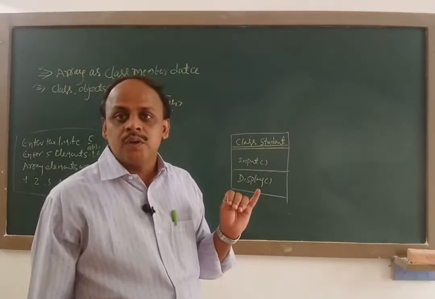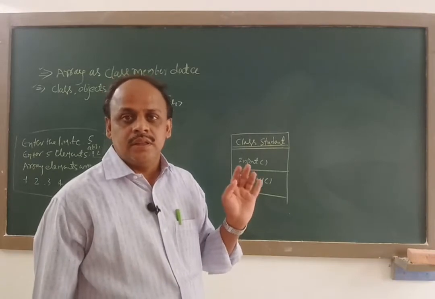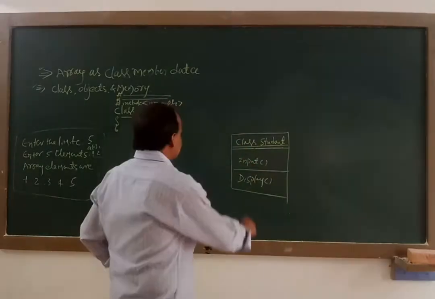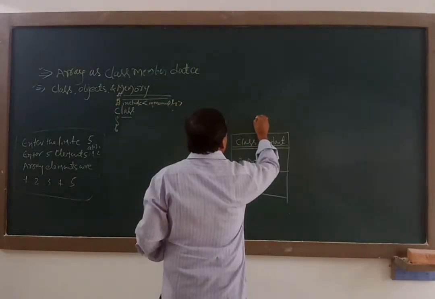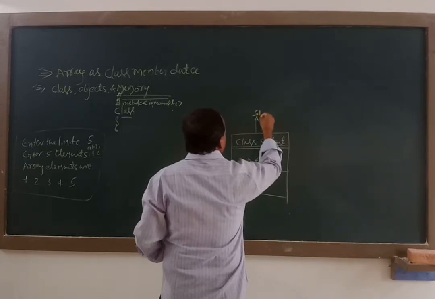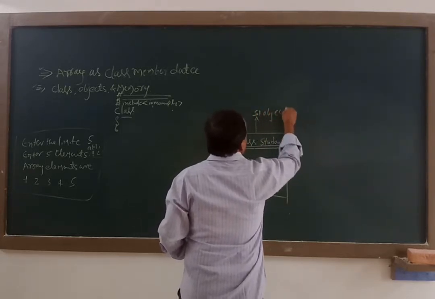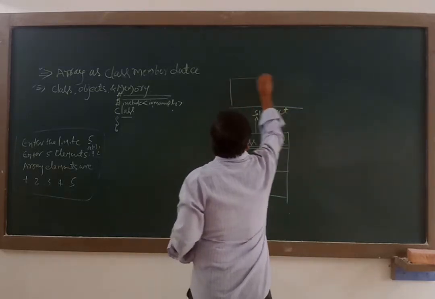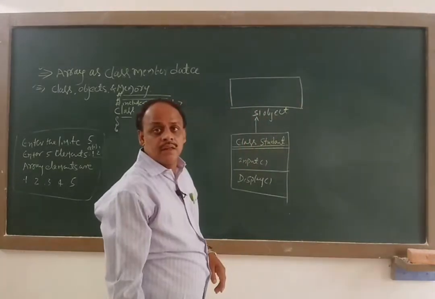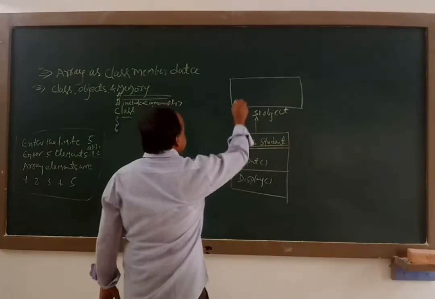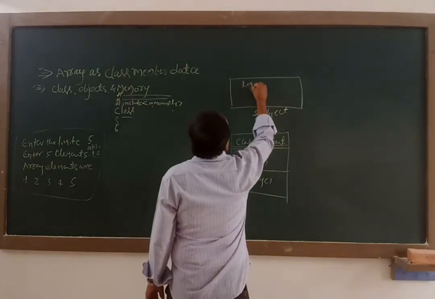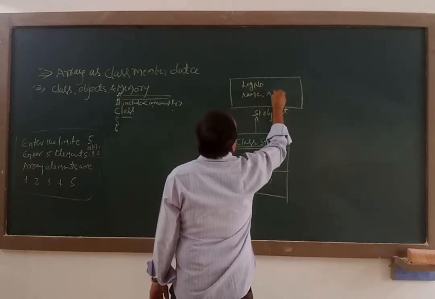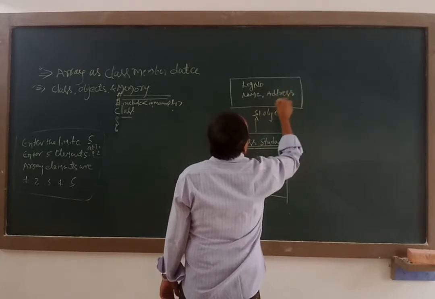And you are going to declare two objects, that is, S1 and S2 objects are declared for the class. The S1 object has a copy of the data members: register number, name, address, marks.